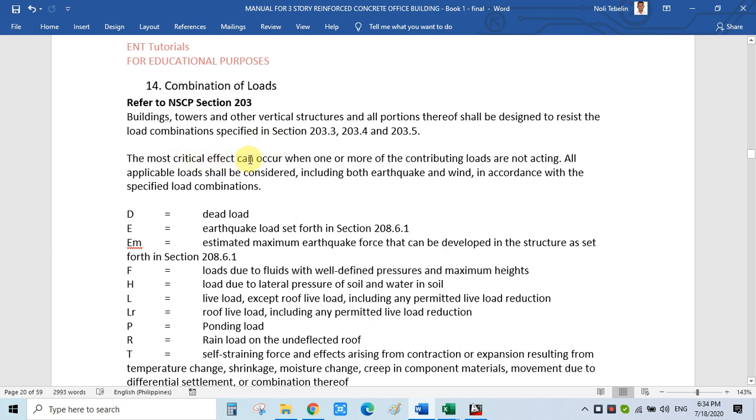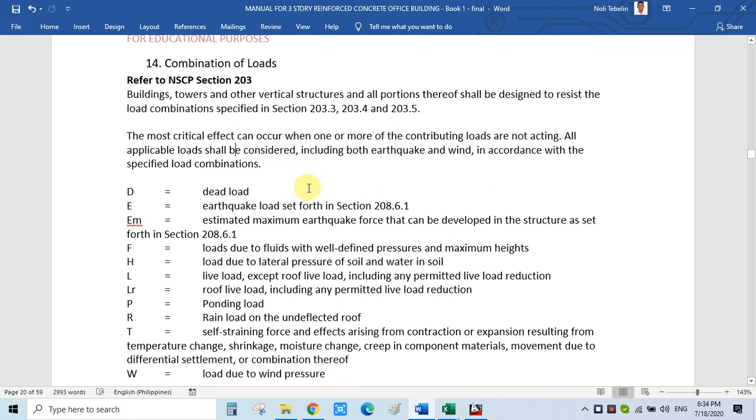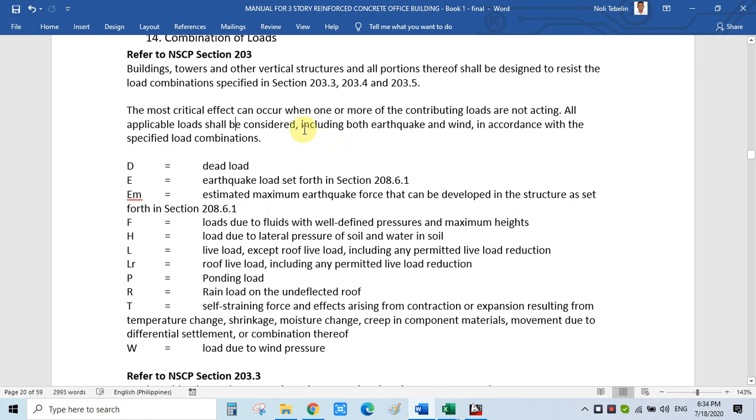So ito pala yung most critical effect in some cases. Okay, so for example, meron tayong dead load plus earthquake load. So pwedeng mas critical siya compare sa dead load plus live load plus earthquake load. Okay? Then we have this basic load combination.